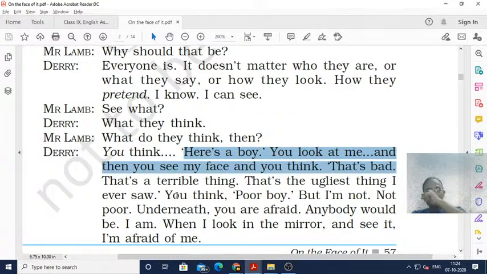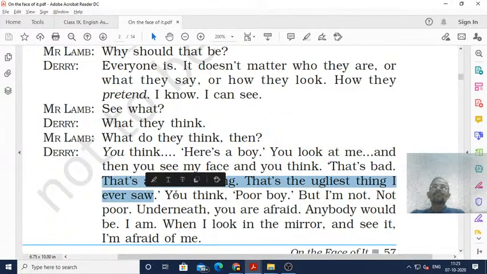So after you see my face, Daddy says to Mr. Lamb, you shall also realize that that's the ugliest thing you have ever seen, because my face is very, very ugly. So Daddy says that after you see my face, you will think that it's a terrible thing. That's the ugliest thing that you have seen on my face.